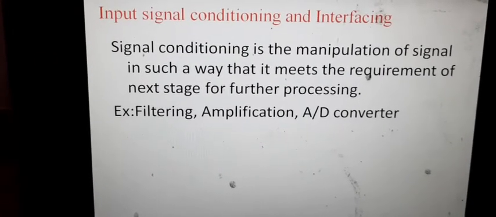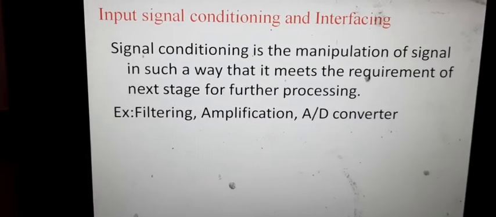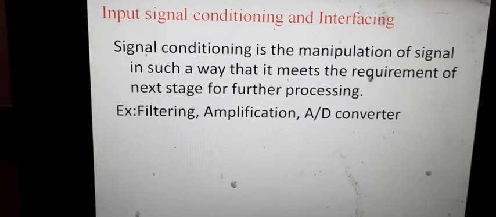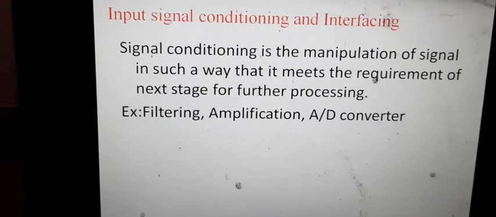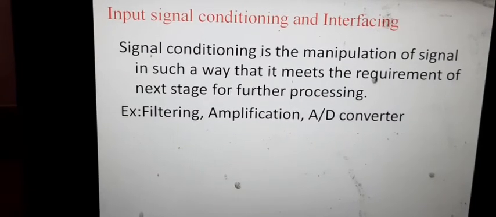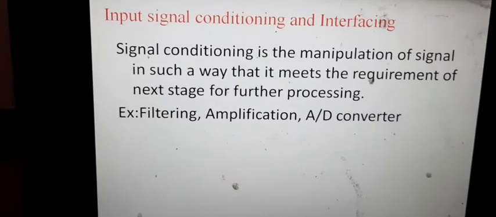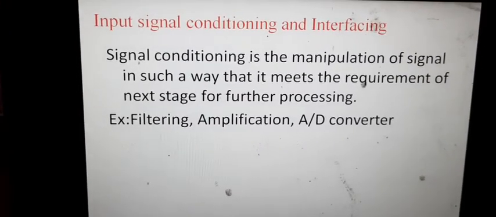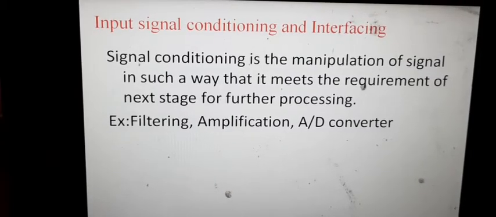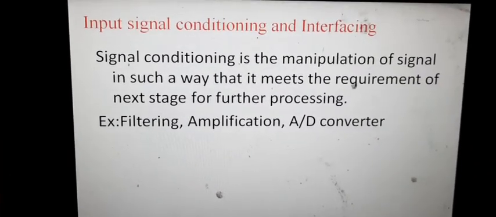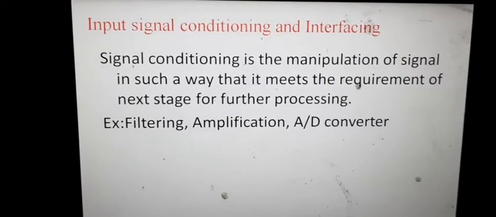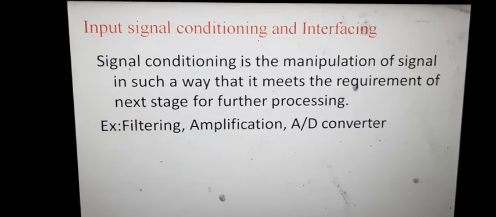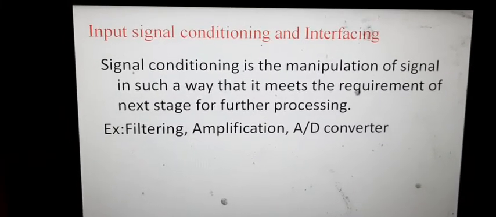Suppose in an industry we are collecting some data using a sensor, but in an industry many machines are operating, and many people are also working, so the machine noise and external noise may affect the data. The original signal or original data may be interrupted or corrupted because of that external noise. So to get the meaningful or correct data, we have to use a filter to remove these external noises. This is an example of signal conditioning.